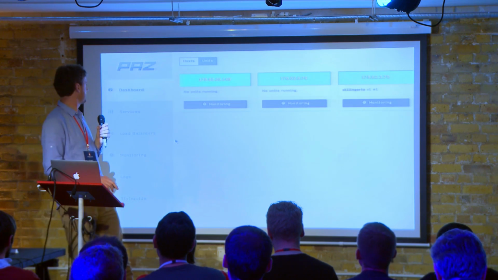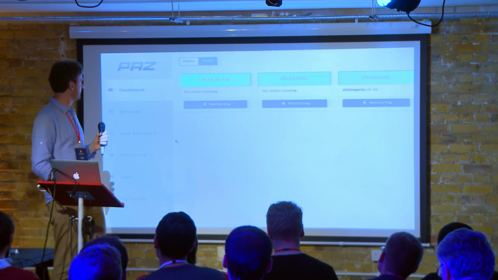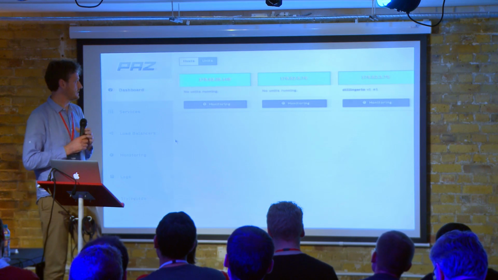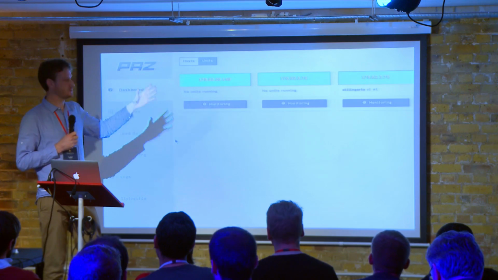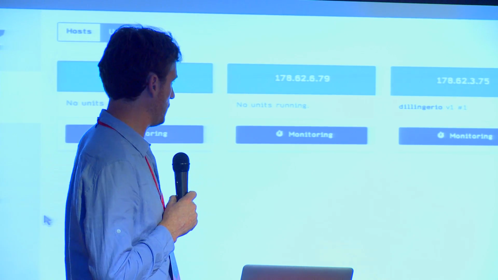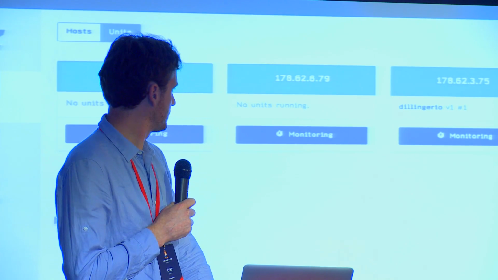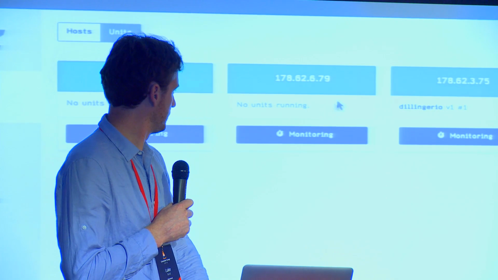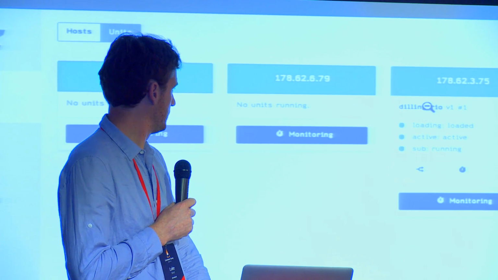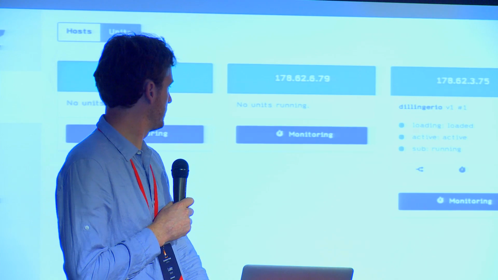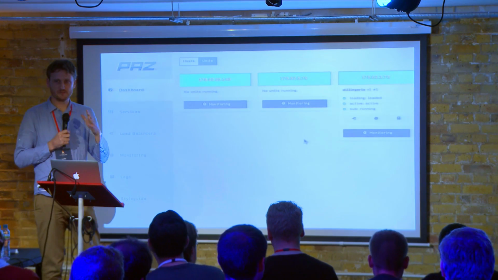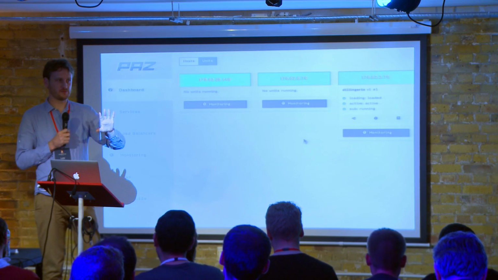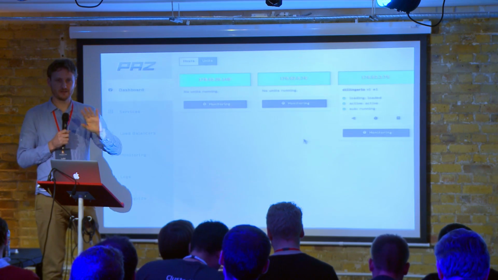Awesome. Okay, so this is the main dashboard of PaaS. What you're seeing here is basically 3 hosts. This is running on DigitalOcean. And one very token service that I put on there in advance, Dillinger.io, a markdown editor, just to show you that this view is designed to be an at-a-glance view of what's on fire and is everything okay.